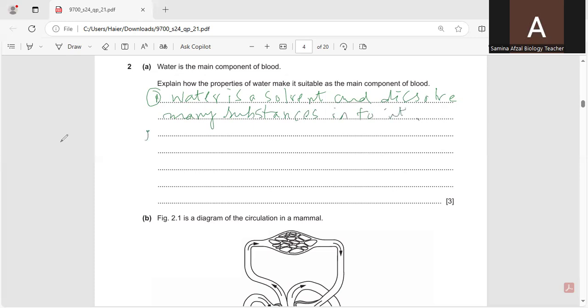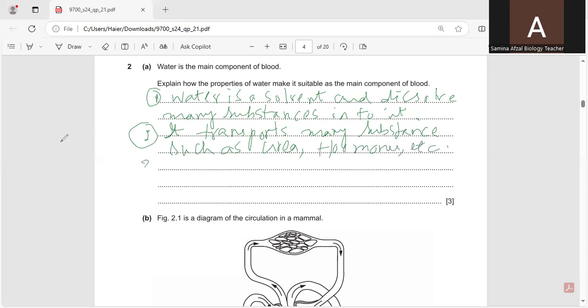The second property which can be written is that it transports many substances such as urea, hormones, etc. And number 3, we can say it maintains or regulates the temperature of the blood.